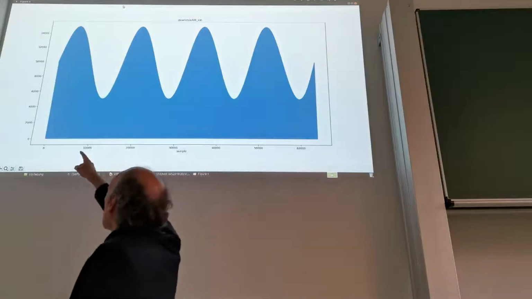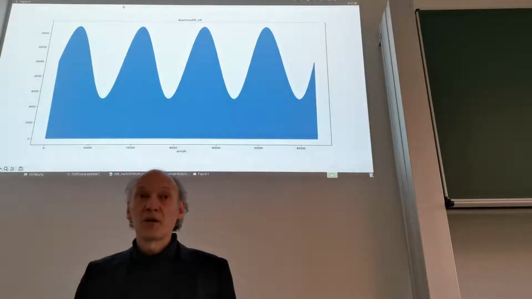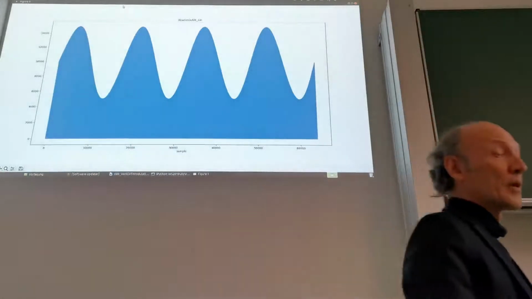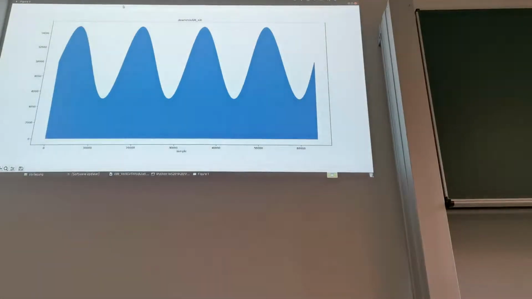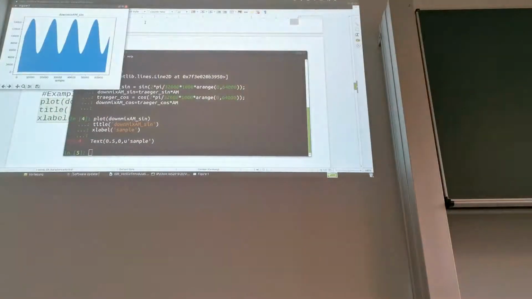But we also still have the carrier, and the carrier needs to be removed using our low-pass filter. After low-pass filtering, we smooth this curve, and then all that's left is this 1 plus 0.5 times tone. So it means we're on the right way.